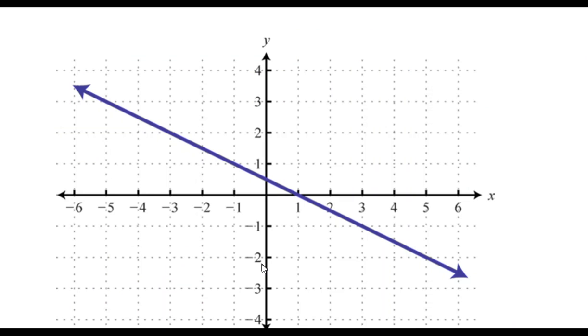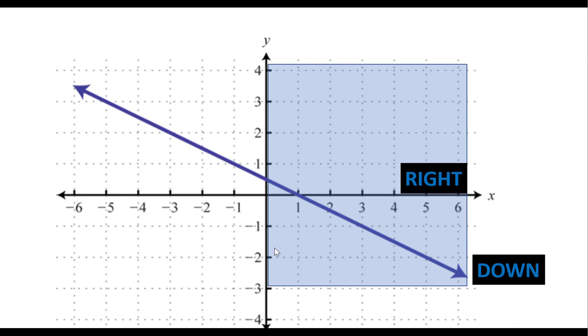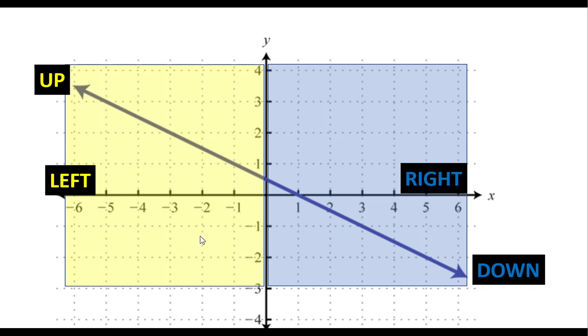All right, take a look at this function. This is your right-hand side, and you can see as your x's are becoming more positive, the y values are going down. They're becoming more and more negative. On the left-hand side, as your x becomes more negative, the y values of the function rise. They're becoming more positive.